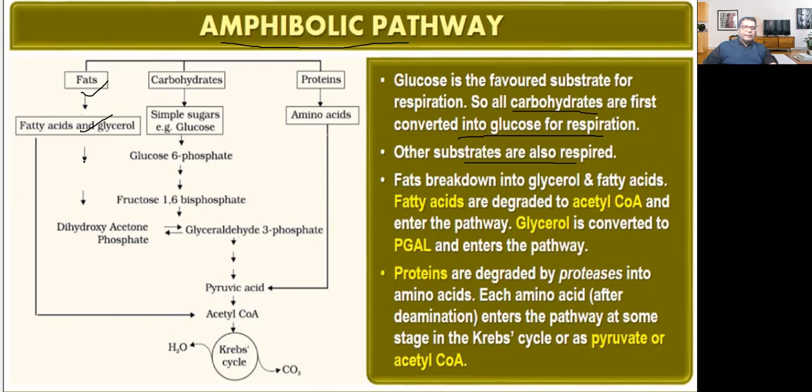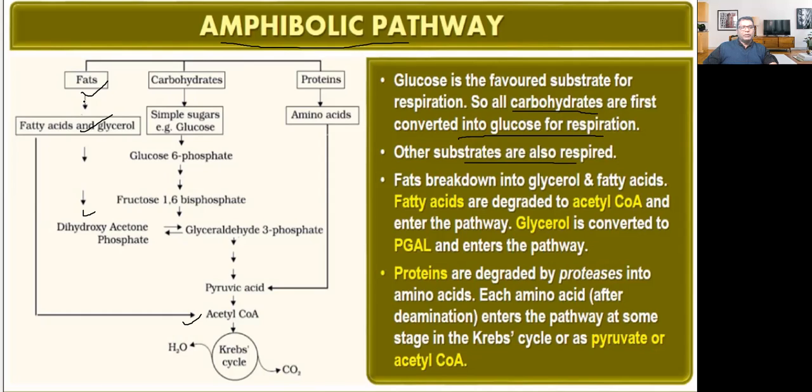Glycerol enters in the form of dihydroxyacetone phosphate, or fatty acids directly enter at acetyl coenzyme A. Fatty acids are degraded to acetyl coenzyme A and enter the pathway. Glycerol is converted to PGAL and enters the pathway also.